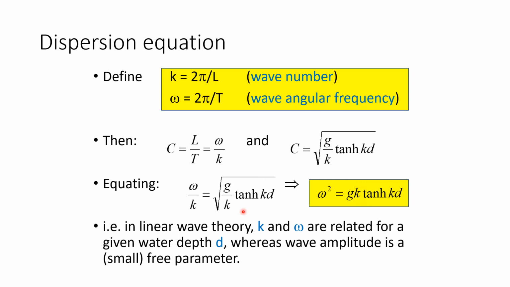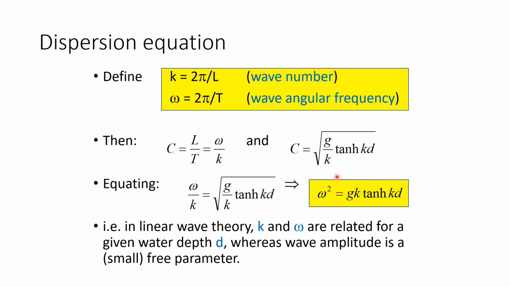So what does this dispersion equation tell us? We see that the wave angular frequency is on the left hand side, the wave number is on the right hand side, both inside and outside the tangent hyperbolic function, and we have the water depth d over here.